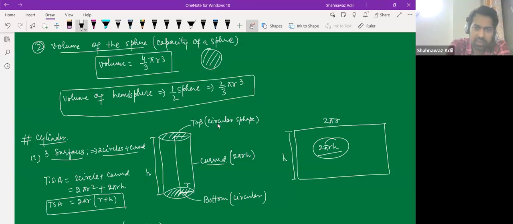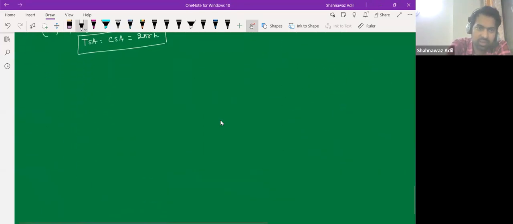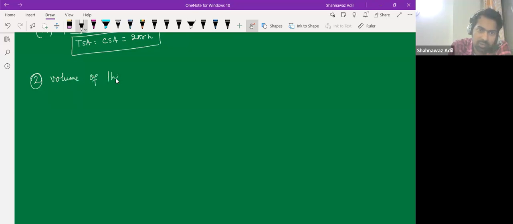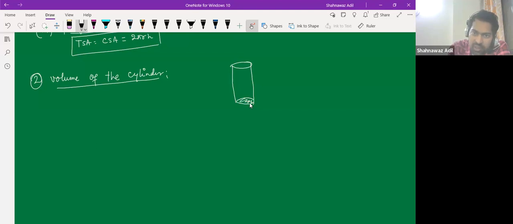Okay, so now let us talk about the volume of the cylinder. Let's say this is the base or bottom, and this is the height, right?